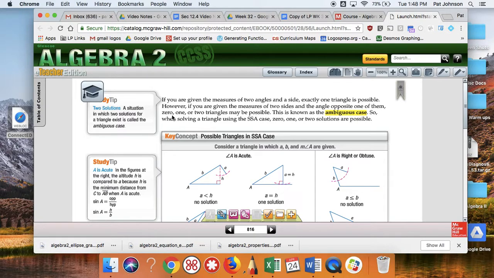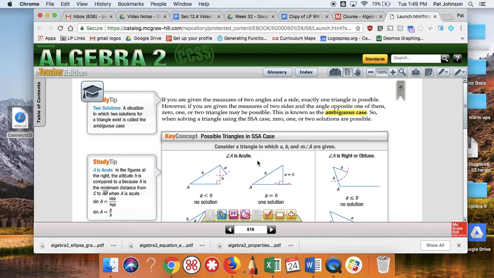You have 0 triangles, 1 triangle, or 2 triangles possible. We call this the ambiguous case, another vocabulary word. So when we're solving for a triangle using SSA, we have 3 possible solutions: 0 solutions, 1 solution, or 2 solutions.